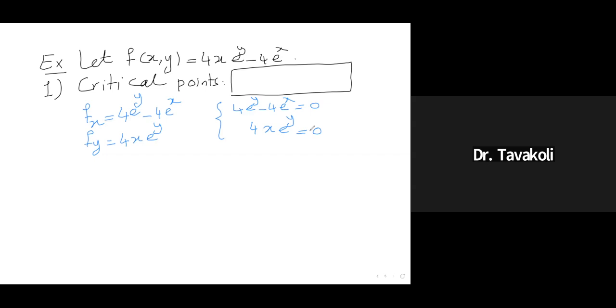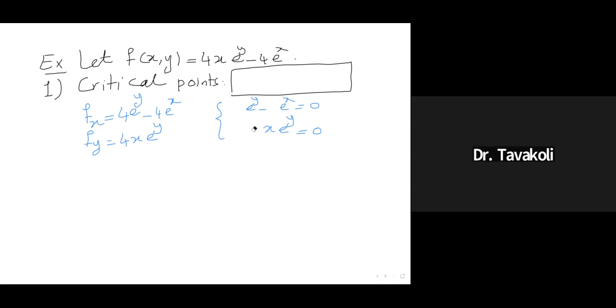Of course, I can factor 4 out in the first equation and divide both sides by 4. And since the other side is 0, 0 divided by 4 is just 0. So e^y minus e^x is 0. I can do the same thing with the second equation and divide both sides by 4.